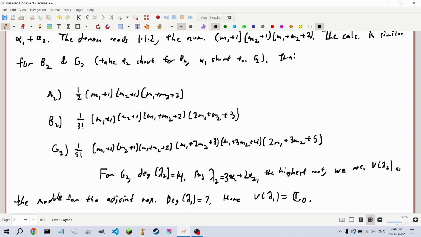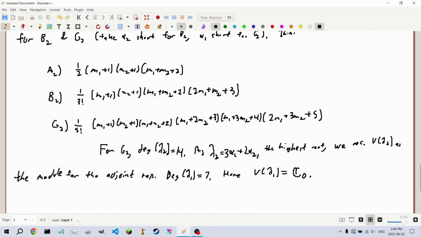Up next, we are going to be closing off our formula talk with Steinberg. And this is to calculate an explicit formula for the number of occurrences of V lambda in the tensor product.